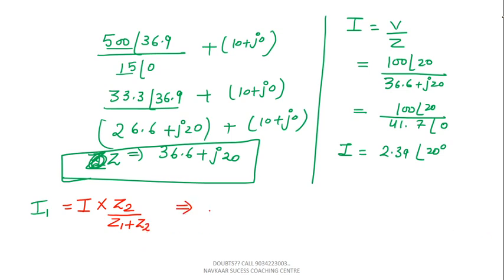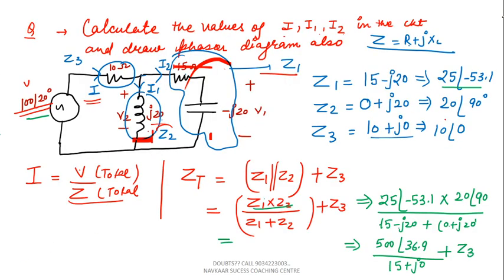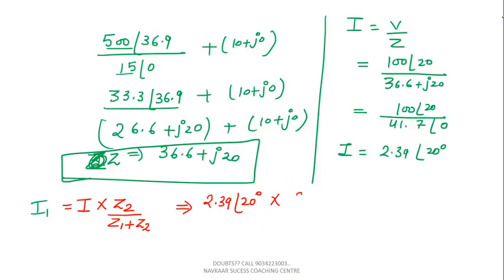Again we need to put down the values. I we know, 2.39 angle 20 degree, multiplied by Z2, which we calculated, 20 angle 90 degree.